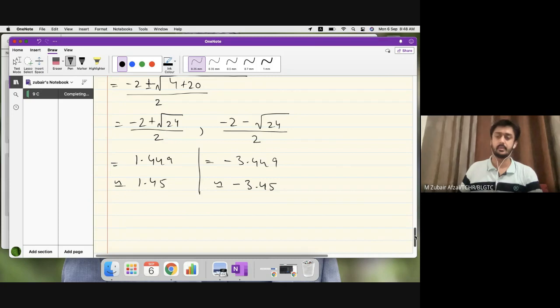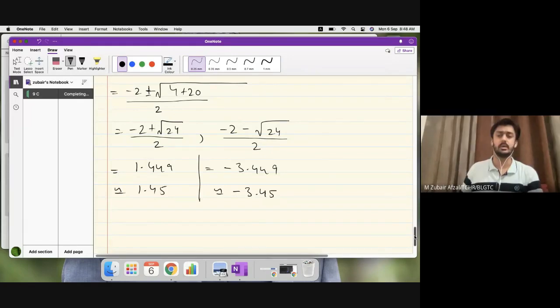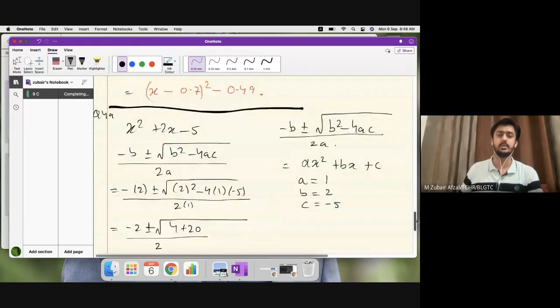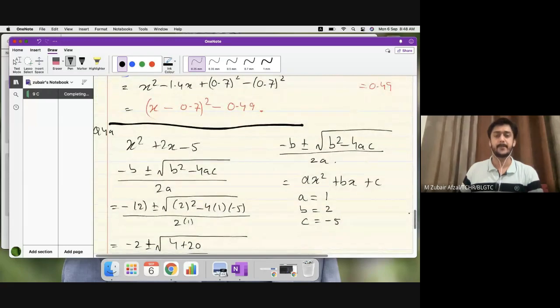Okay, what if we don't use the formula? You won't be able to solve it because the answer is in decimals. If you think of two numbers, 5 is only possible by multiplying 1 and 5. So you don't get the middle term breaking into two parts. We don't have an exact answer.